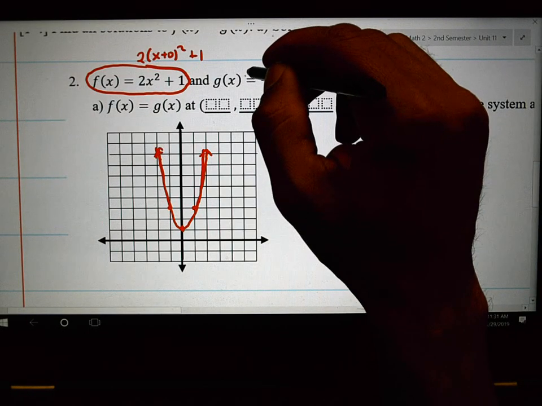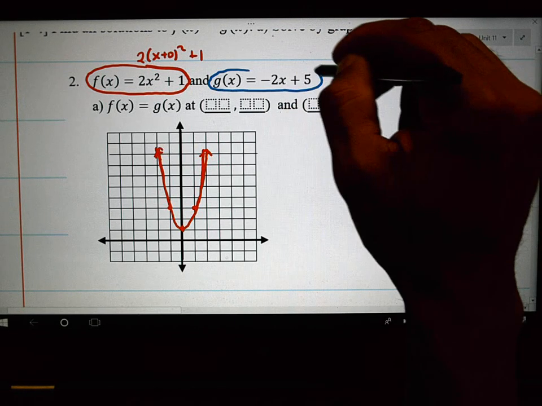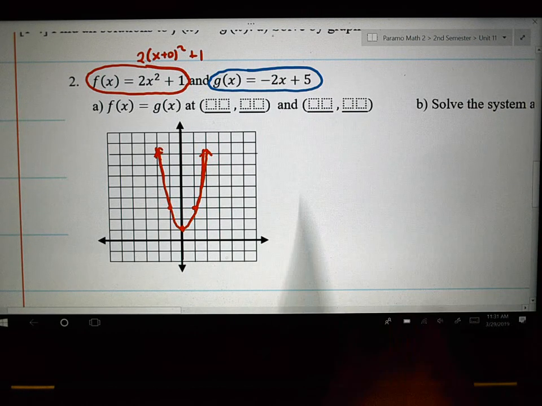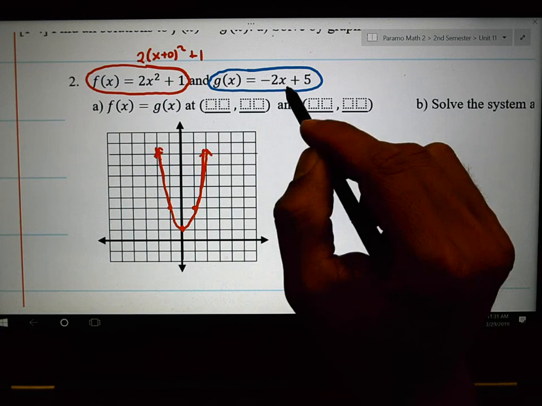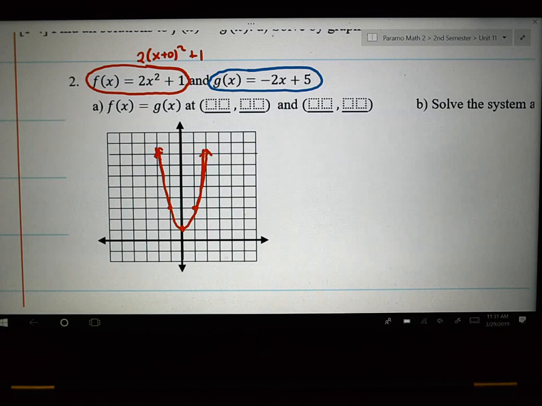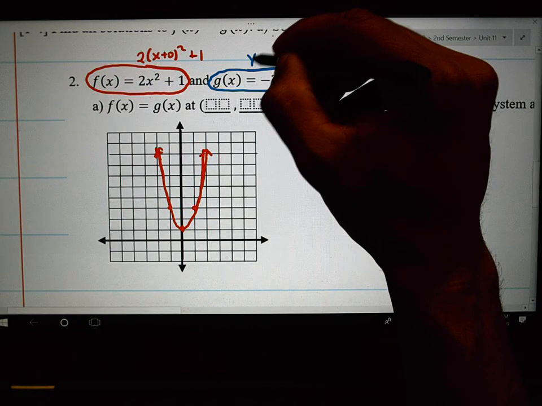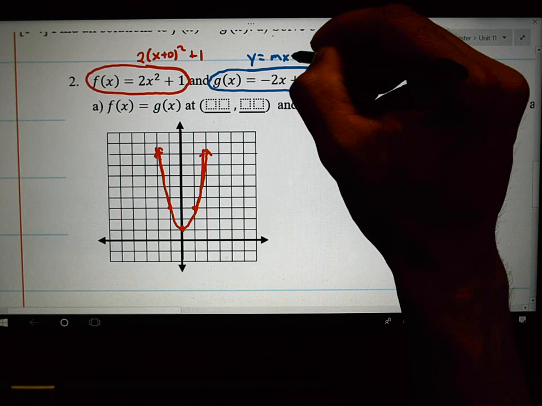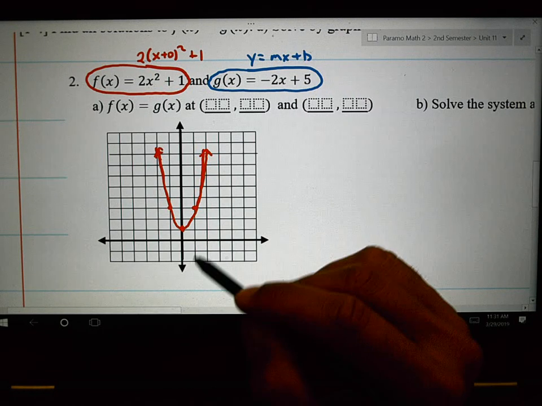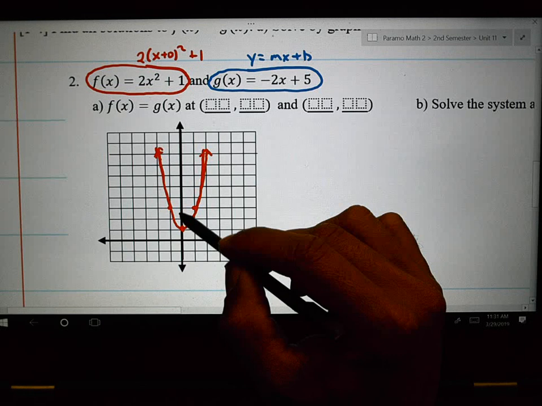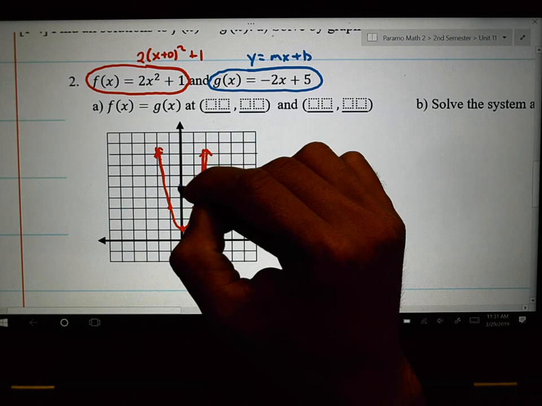G of x is a different function. I'm going to circle it here in blue. I'm going to graph it in blue so you can see a difference. This is a line, and we haven't talked about how to graph a line because you should have learned that in Math 1, or last year's math class. What you learned is that this is y equals mx plus b. This is your y-intercept. It crosses the y-axis at positive 5. Up 1, 2, 3, 4, 5.